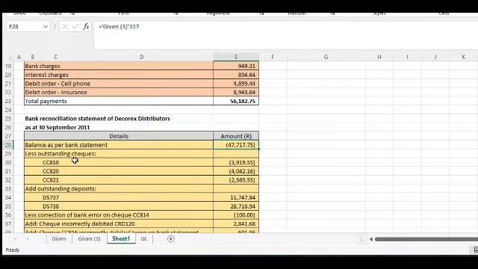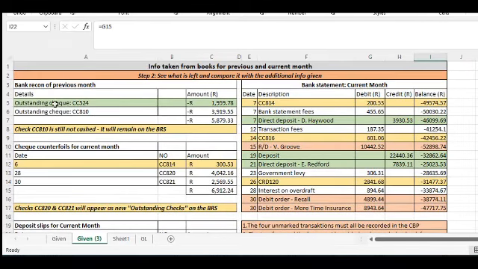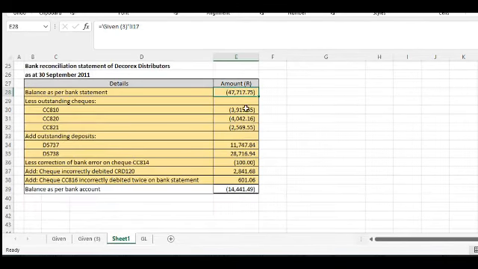And now I'm adding all these other things that will affect it negatively, and those are the outstanding checks. If we go here, we see that that one, 8110, was still outstanding, and these two new ones are outstanding. We put all of those in brackets or as a minus.